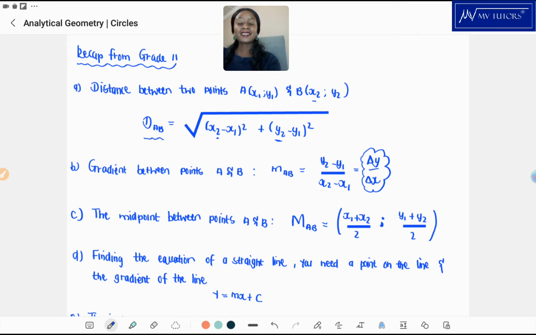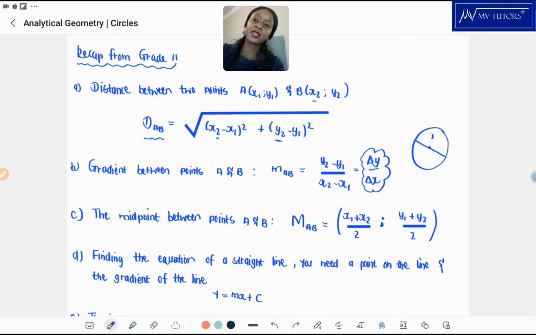And this actually can come in handy when you're busy looking at circles as well. Remember when you have a circle, you have your center there. A line passing through the center and touching the circumference is basically your diameter.